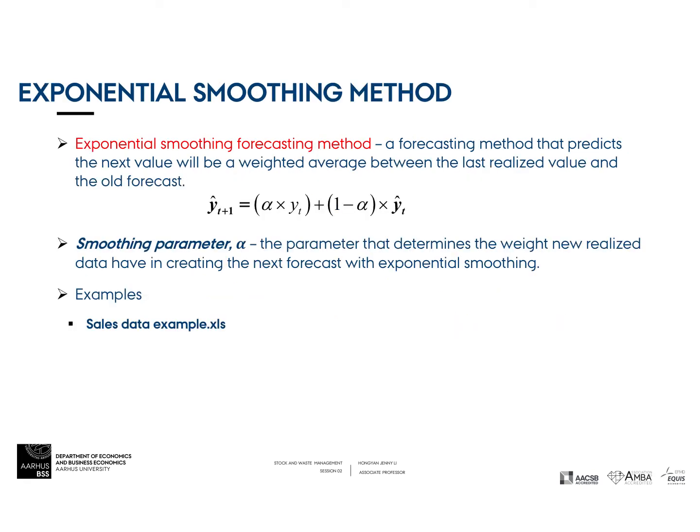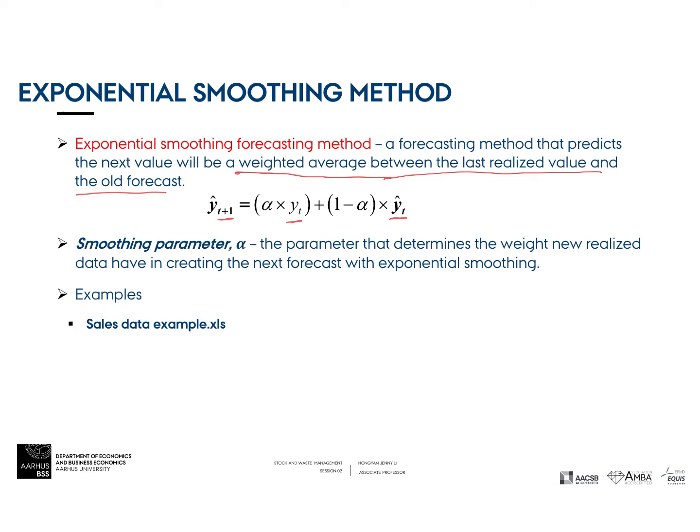Another method to combine historical sales data or demand data into the future forecast is called the exponential smoothing method. This method predicts the next value as a weighted average between the last realized value and the old forecast. So you can see t plus 1 is the future, and we have the realized data for period t, and we also have the forecast for period t.